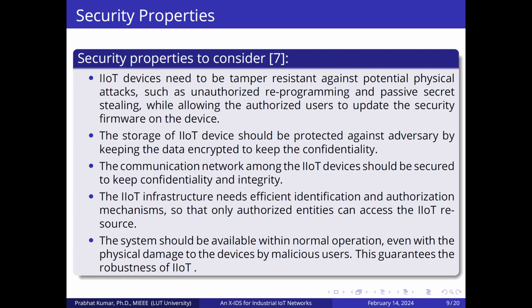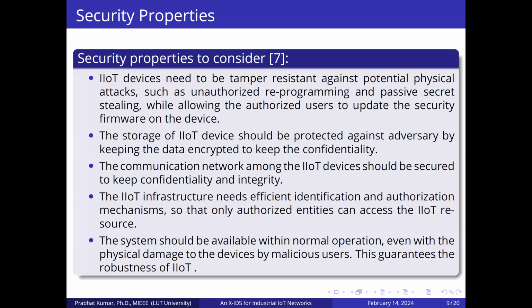And the next is that the IIoT infrastructure needs efficient identification and authorization mechanisms. This is one of the ways by which you can guarantee the CIA triad. If you have very solid identification and authorization techniques, then only authorized entities can access the whole IoT resources.